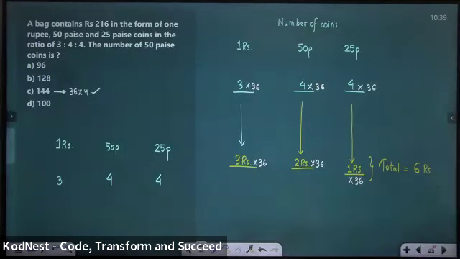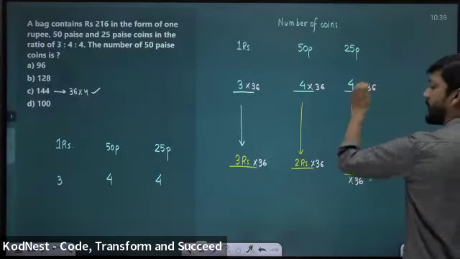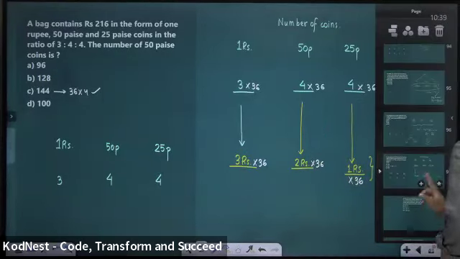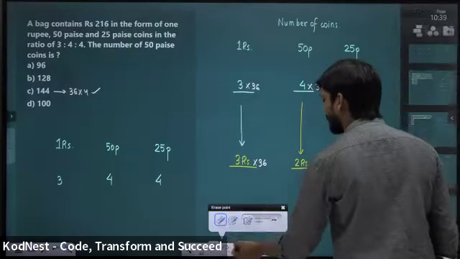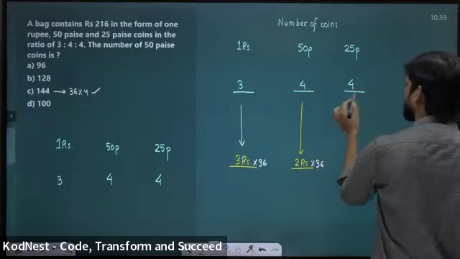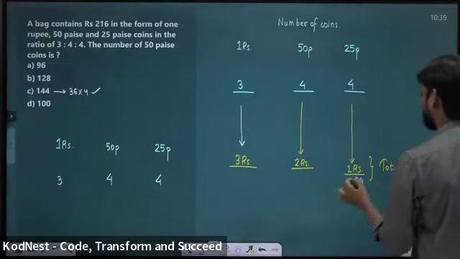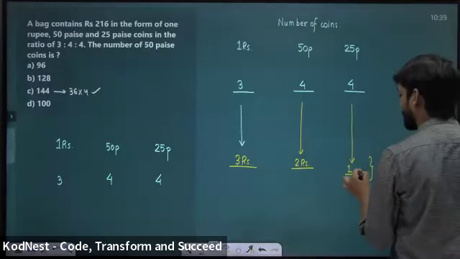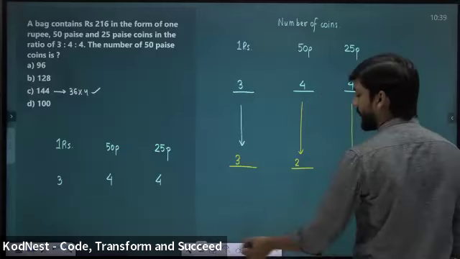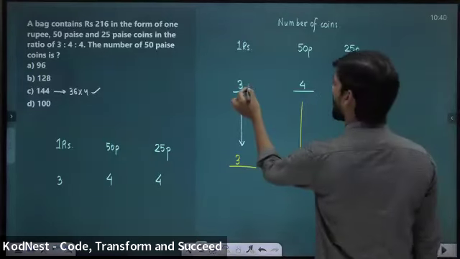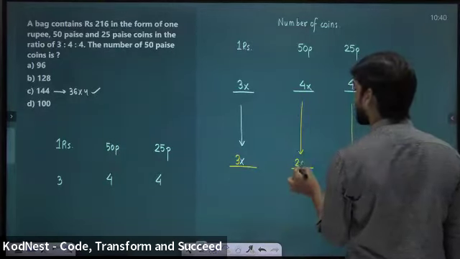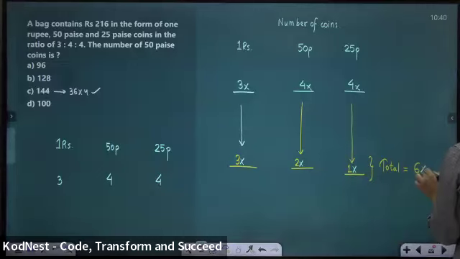If I take a variable, I will take 3x, 4x, 4x. It's very simple. It's 99% similar. Then the rupee values are 3x, 2x, 1x, and the total is 6x.